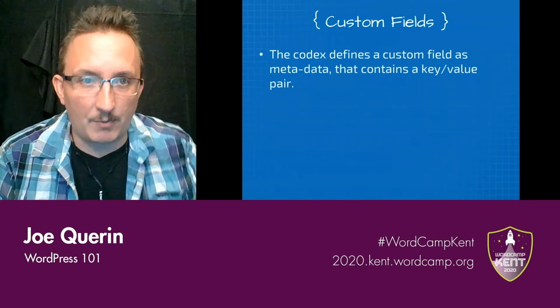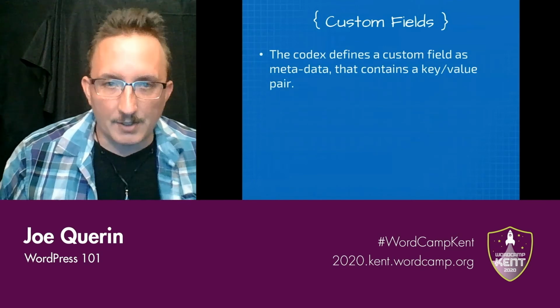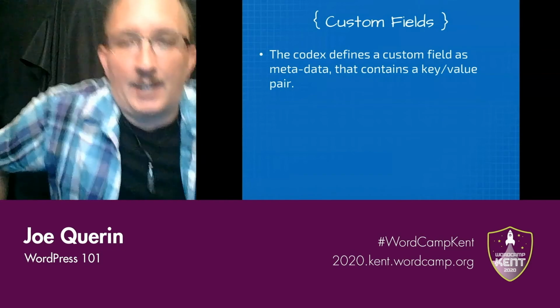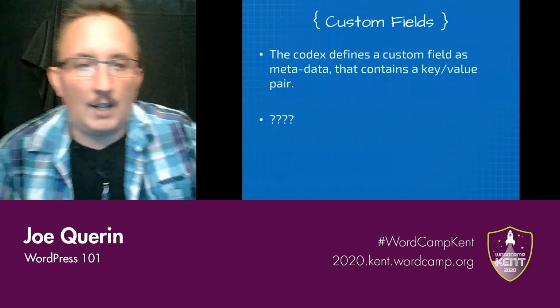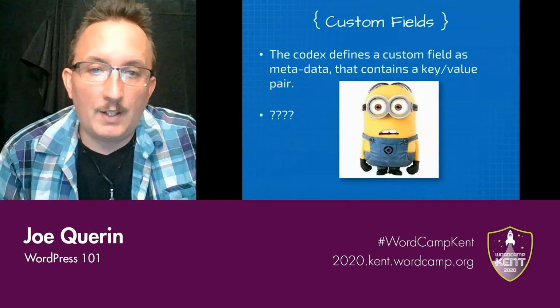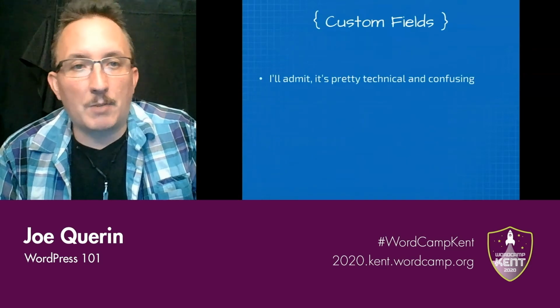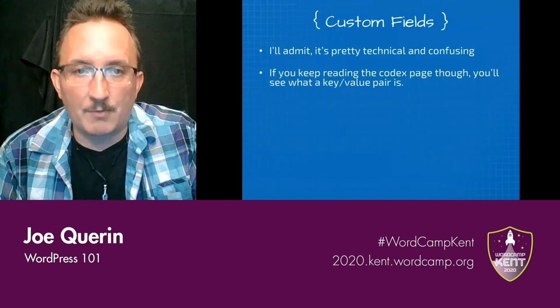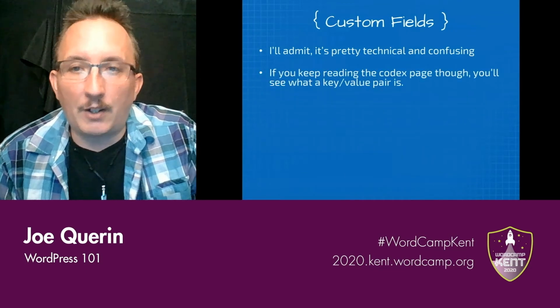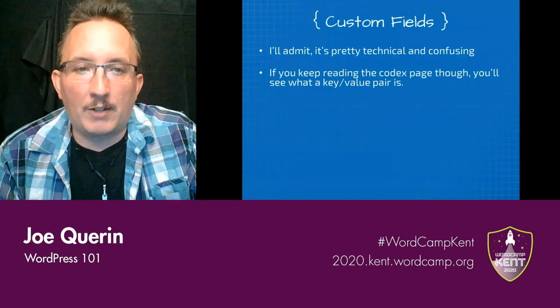Now, what's a custom field? Well, the codex defines a custom field as metadata that contains a key value pair. Now, I'm going to admit, even for me, that is a bit vague. So let's break down what a custom field is. If you keep reading the codex page, you'll see what a key value pair is.